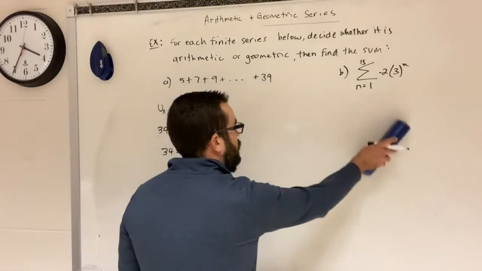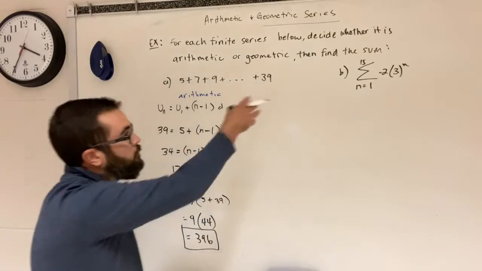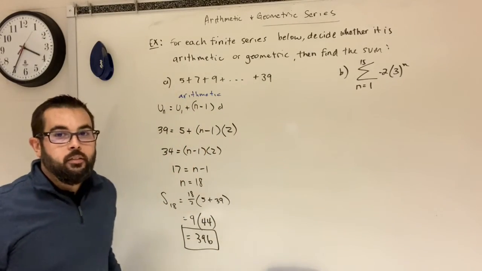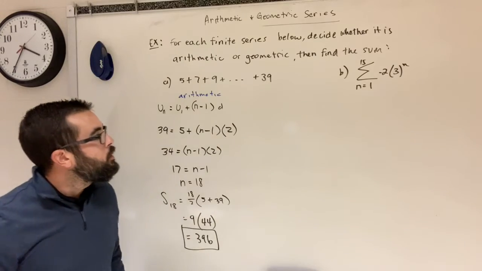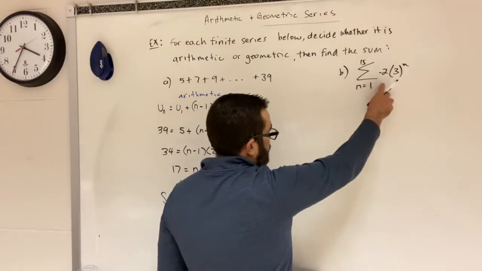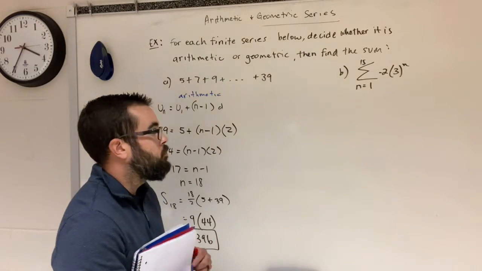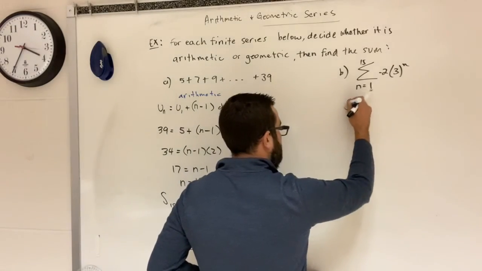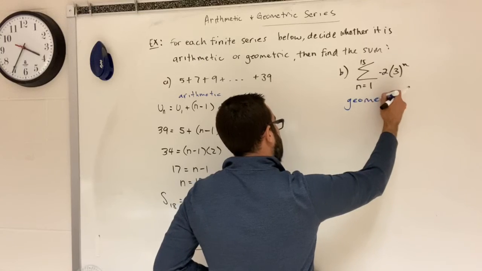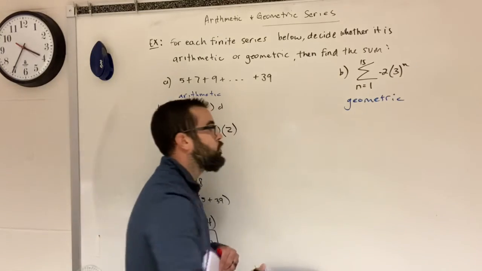All right, next one. We have a series written in sigma notation. So we first need to figure out, is this arithmetic or geometric? Well, if you remember the form of geometric sequences, that's in that form. So this is geometric.